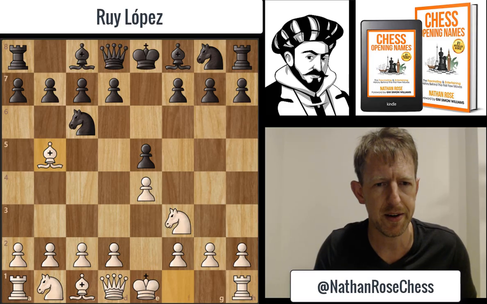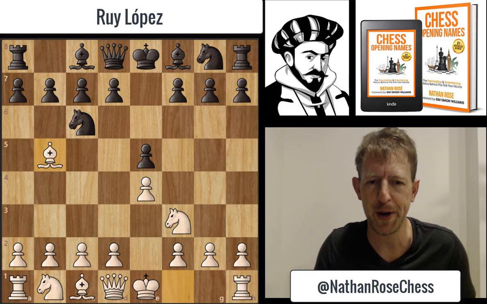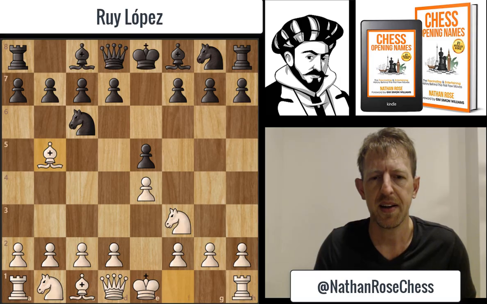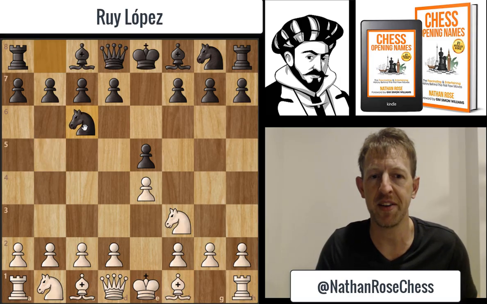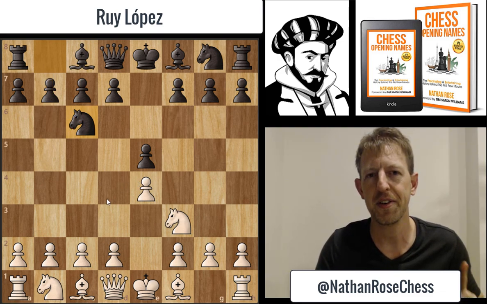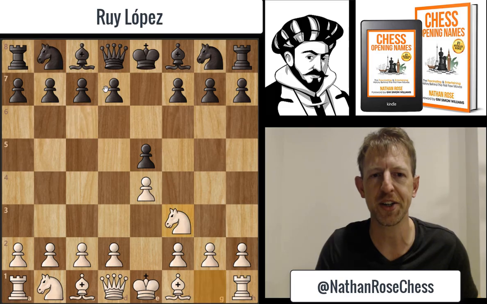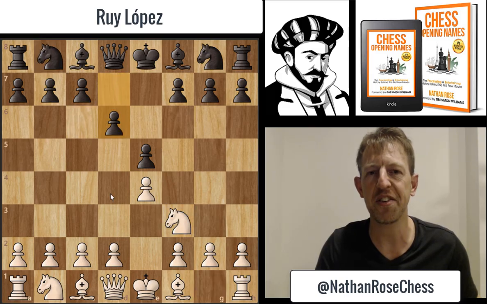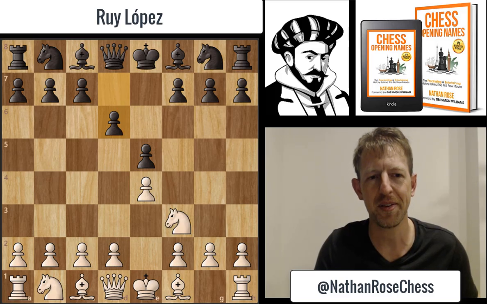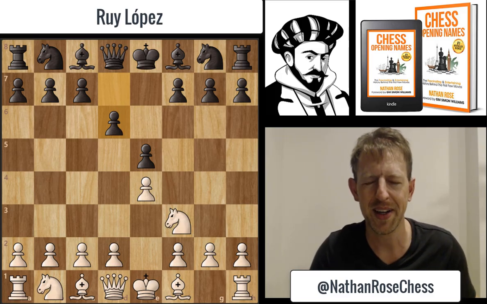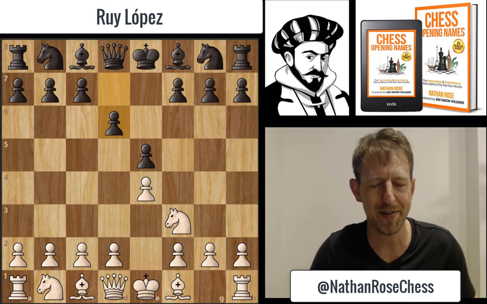And this is where we get to the story of why it's called the Ruy López, because in Damiano's earlier book, Damiano had recommended knight c6 on move 2, but López disagreed. He thought that the best move actually was d6, which is known now as the Philidor defense. Of course, back then, Philidor was still a couple of hundred years away from being born.